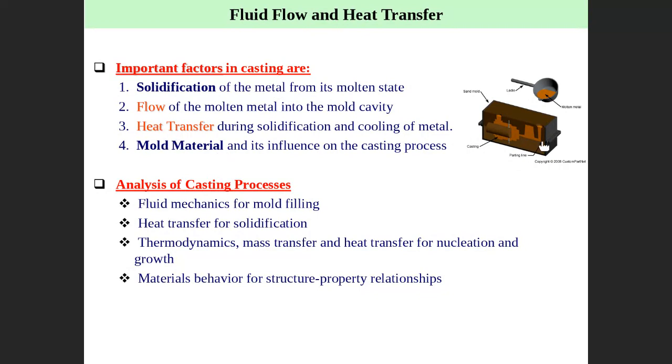If you manufacture the mold of sand, then this has very low thermal conductivity. It means the heat transfer will be slow, then the material will remain inside for a long time. Solidification will happen slowly.